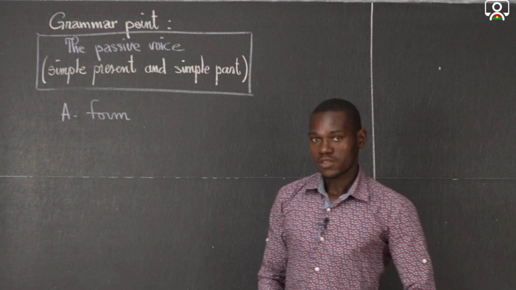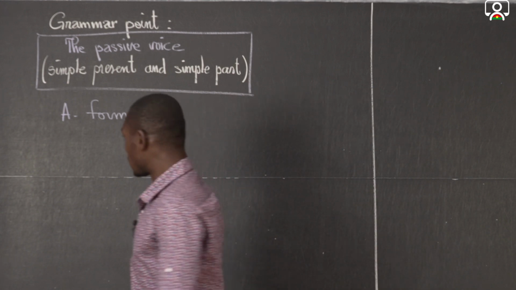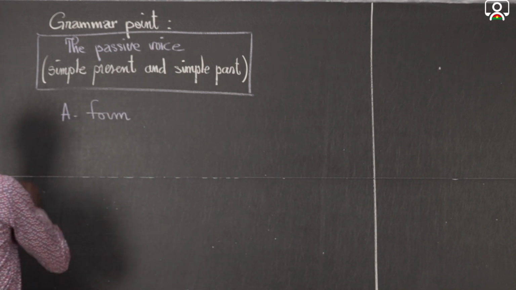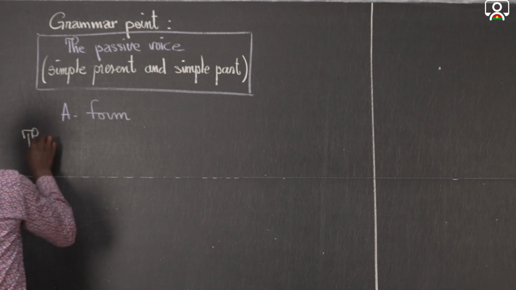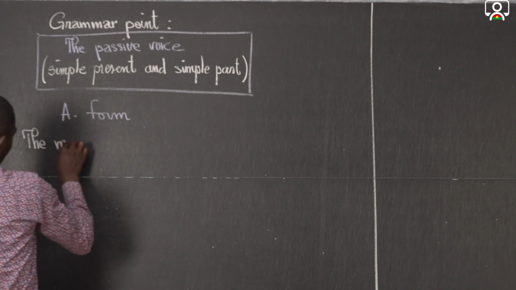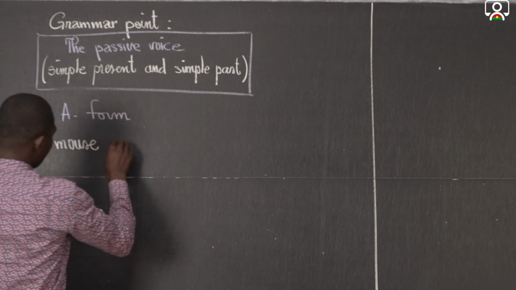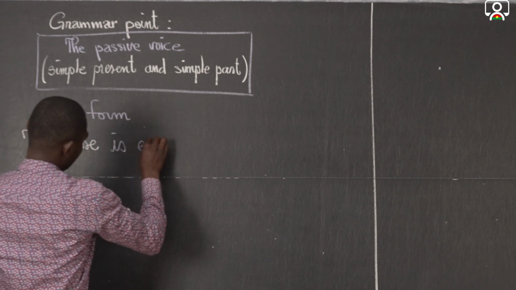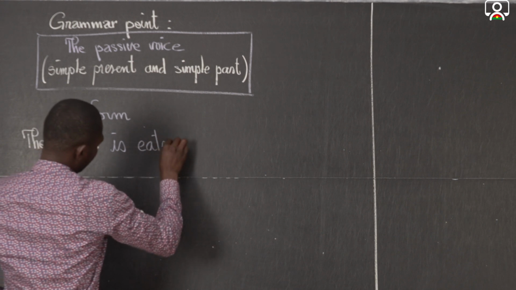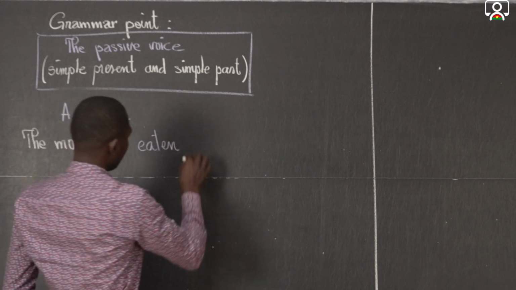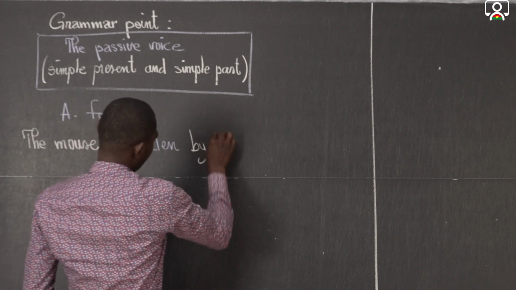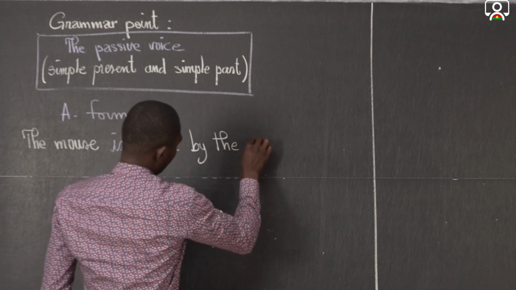So let's go with some sentences. The first sentence is: the mouse is eaten by the cat.